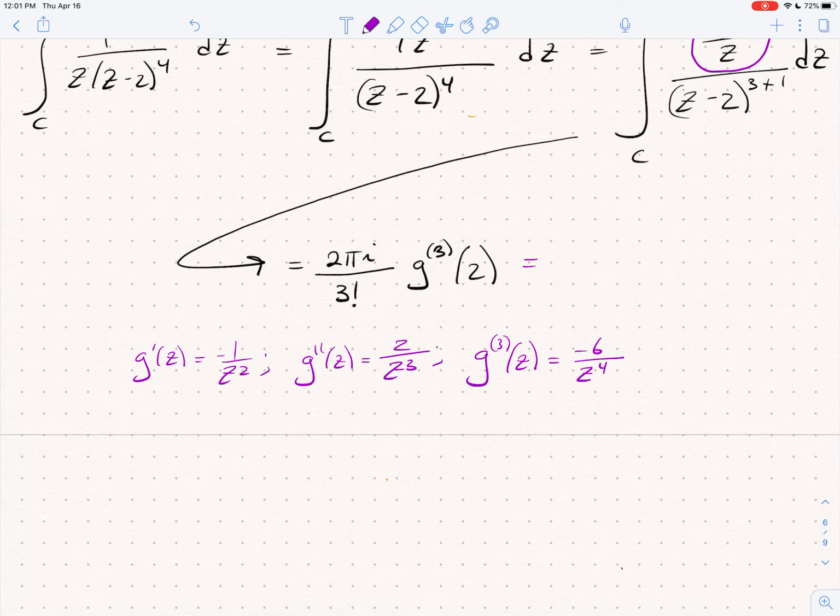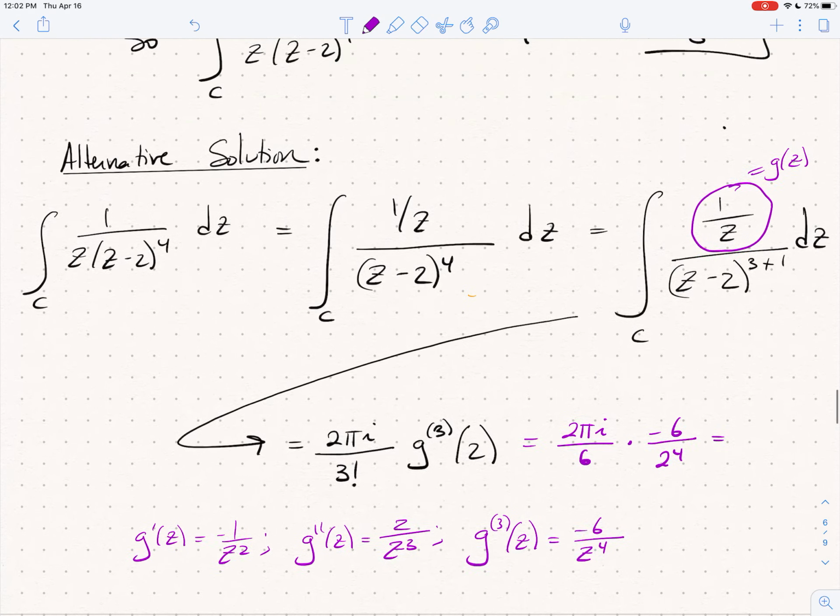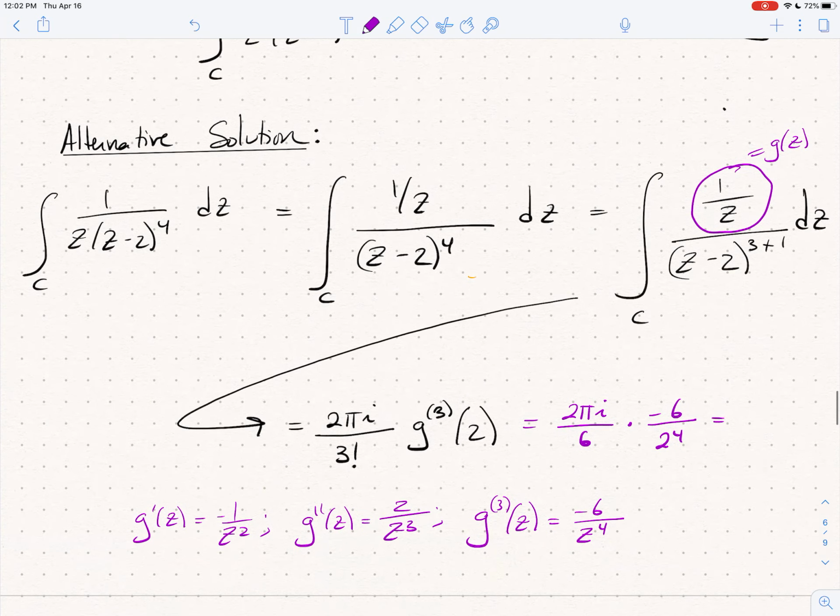So this is going to be 2 pi i over 6 times minus 6. Plug in 2 to the fourth. Cancel the 6's, pop out the negative, cancel the 2's, and you get exactly what we got before, minus pi i over 8.